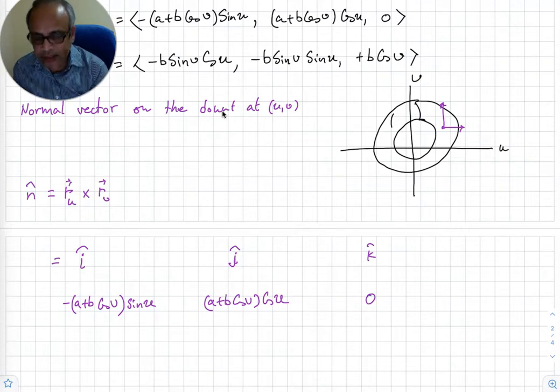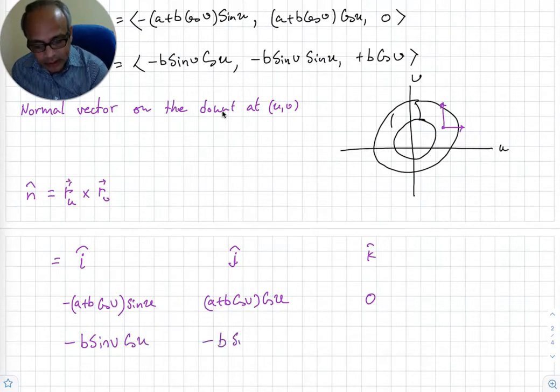Now R sub v, the first component is negative b sin v cos u, negative b sin v sin u, and the third component is b cos v.